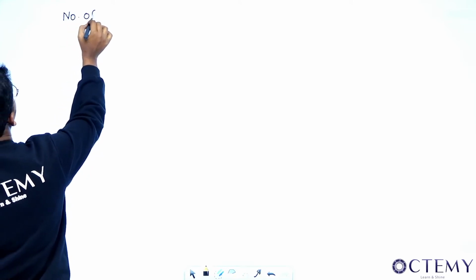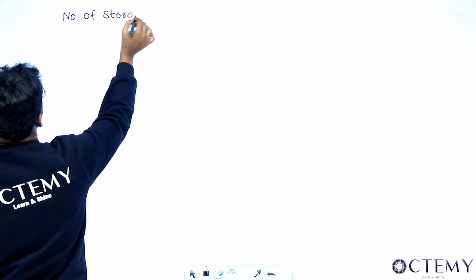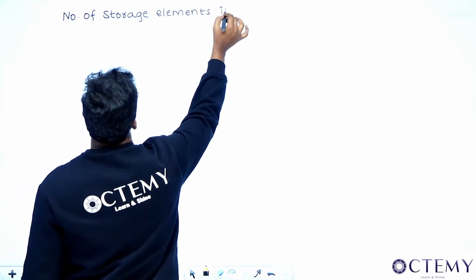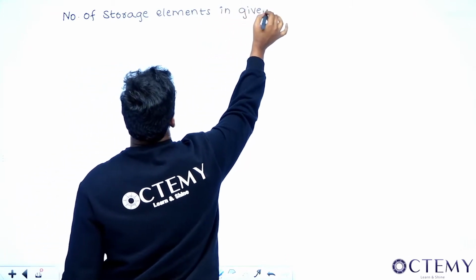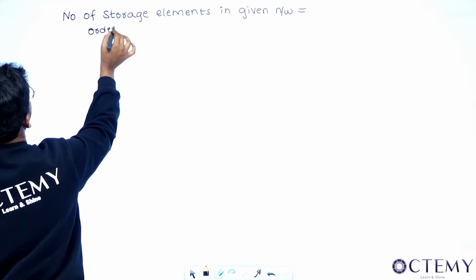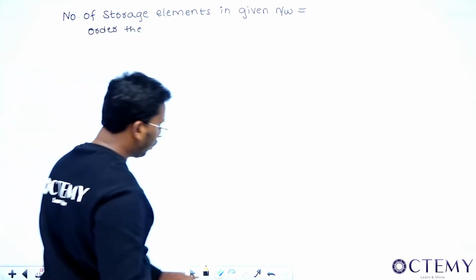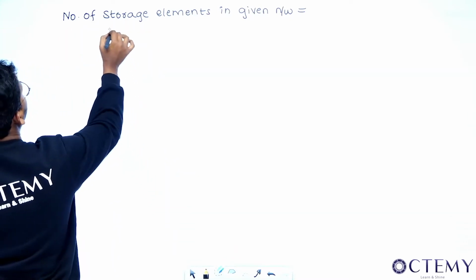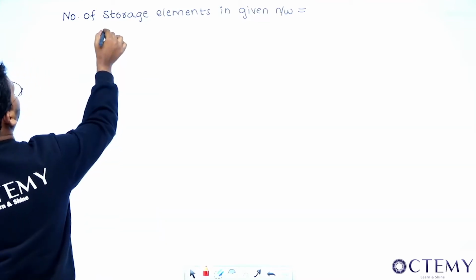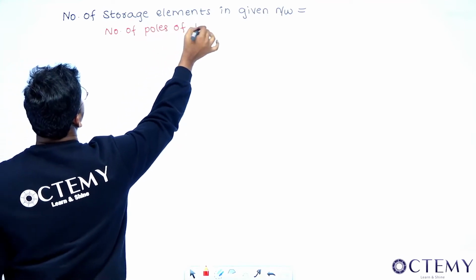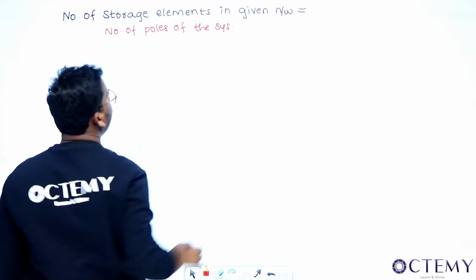Number of storage elements in a given network is equal to the order of the system, which is equal to the number of poles of the system, right?